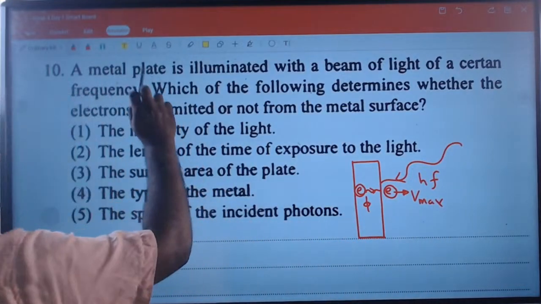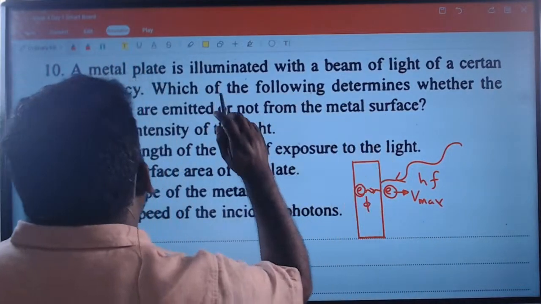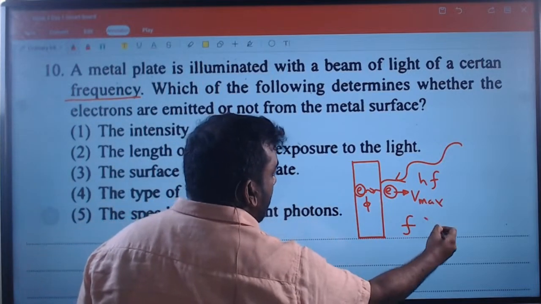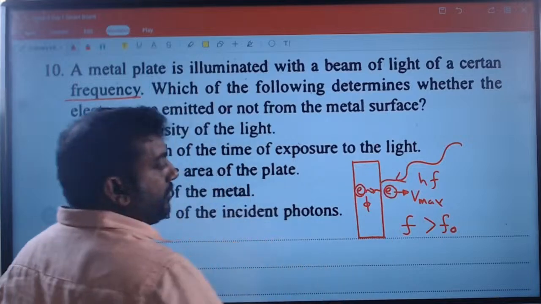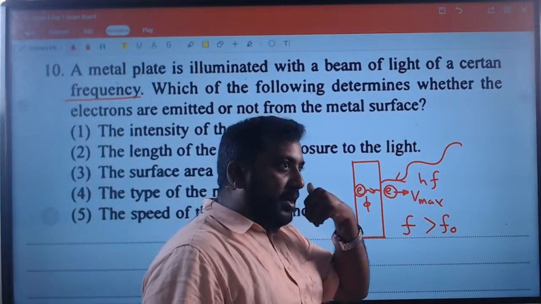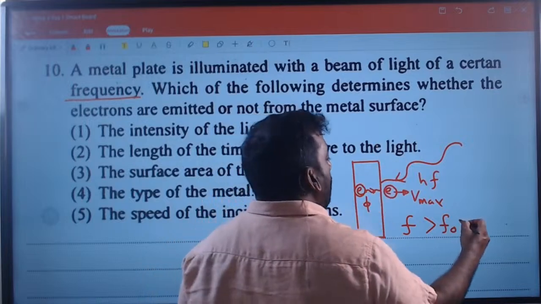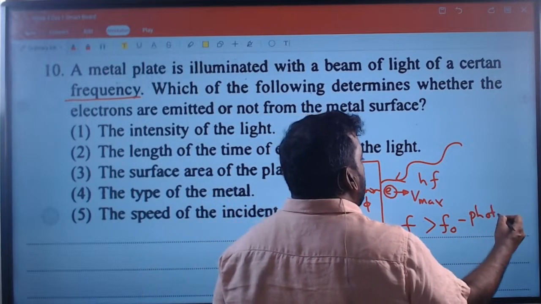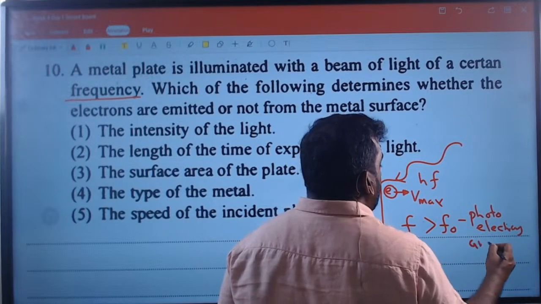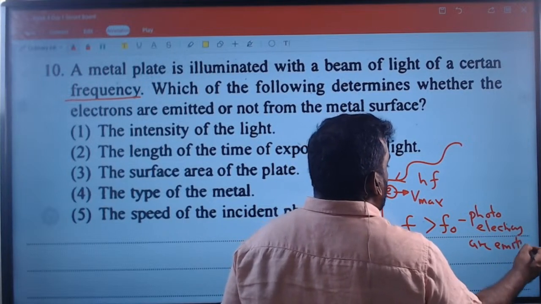A metal plate is illuminated with a beam of light of a certain frequency. We also know incident frequency should be greater than threshold frequency. If incident frequency is greater than threshold only, photoelectrons are emitted.